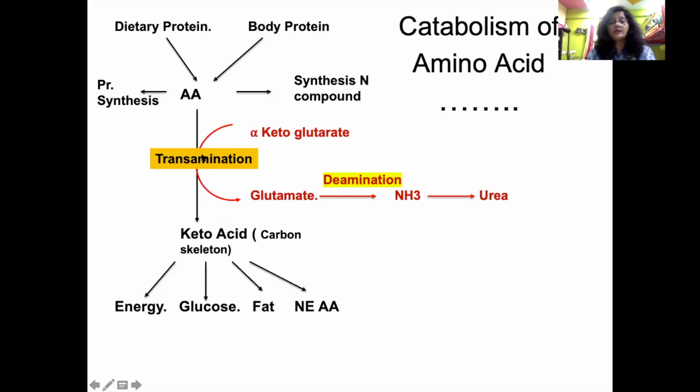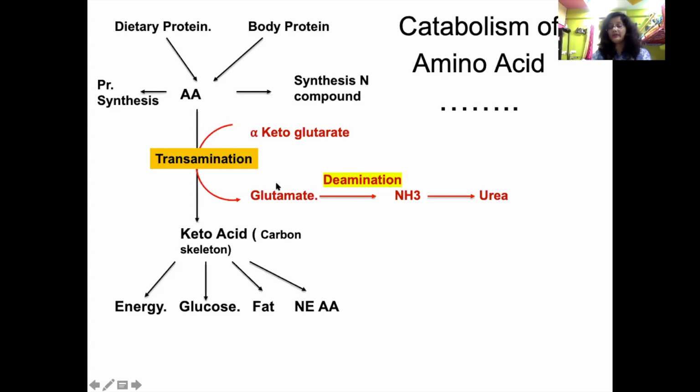This transamination process helps us concentrate all amino groups of amino acids to form glutamate. You can see that when the keto acid alpha ketoglutarate takes part in the transamination reaction, all amino acids load their amino group onto alpha ketoglutarate, and we get the resultant product, the amino acid glutamate.